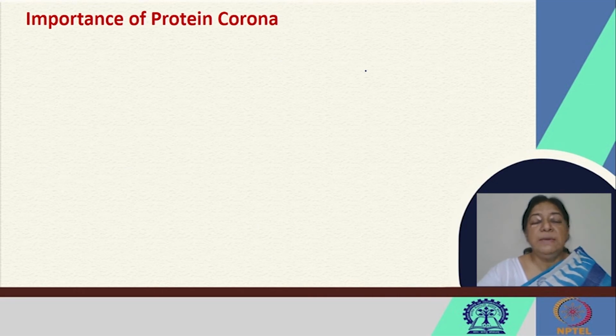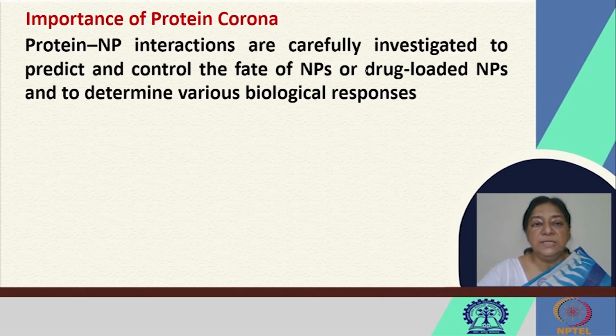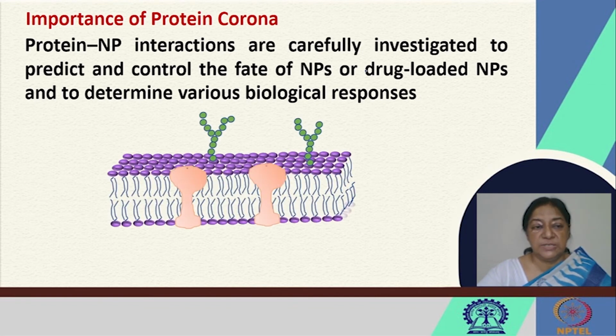So we can look at the importance of the protein corona in terms of the protein nanoparticle interactions, which can be carefully investigated to predict and control the fate of the nanoparticles or drug-loaded nanoparticles and to determine various biological responses. So we look at the interactions, therefore, with the lipid bilayer. We have the integral protein.